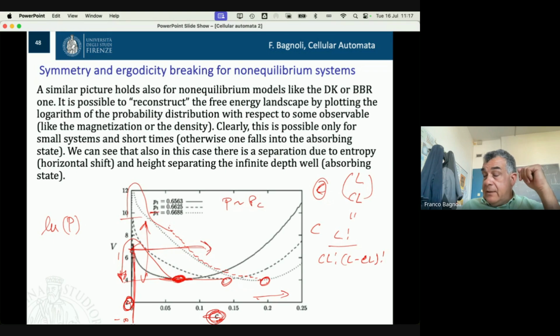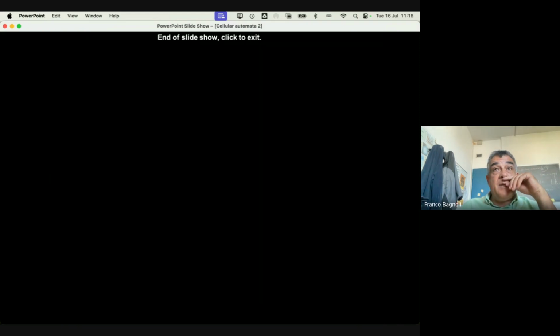So essentially, in order to accumulate these steps to go into the absorbing state, we have not only to go against the free energy, but also against the entropy, which drives the system towards 0.5. So this is essentially the reason for which we can observe a phase transition, even though there is always a small probability of going into the absorbing state.